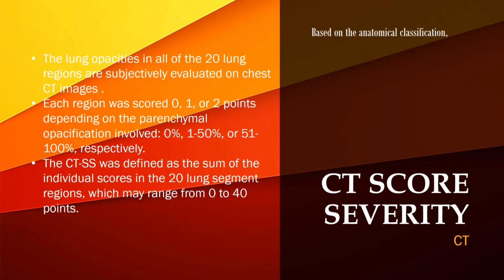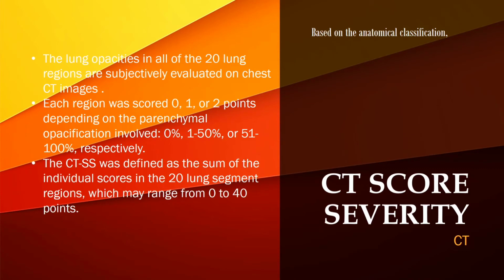So the report that you get will be of some value out of 40. Now let us see how they are divided into 40. According to the anatomic structure, the 18 segments of both lungs were divided into 20 regions, in which the posterior apical segment of the left upper lobe was subdivided into apical and posterior segmental regions, whereas the anteromedial basal segment of the left lower lobe was subdivided into anterior and basal segment regions.